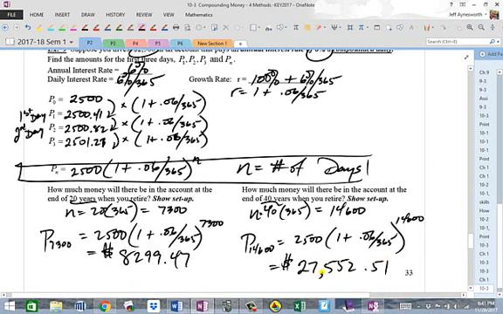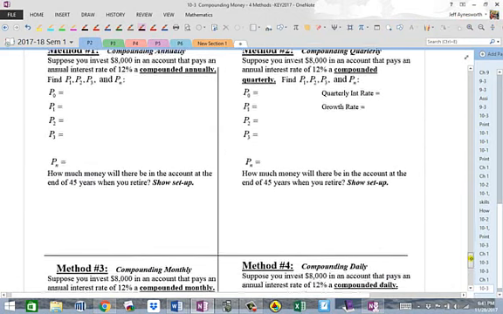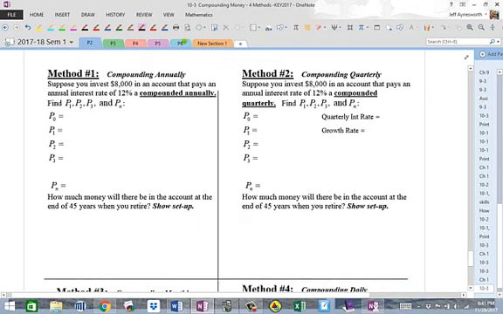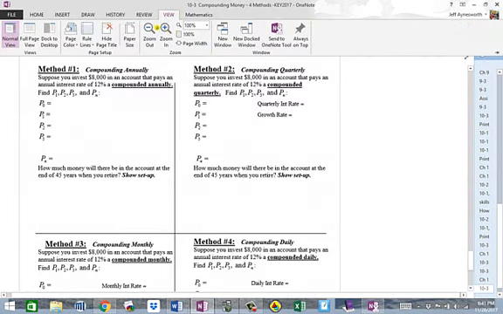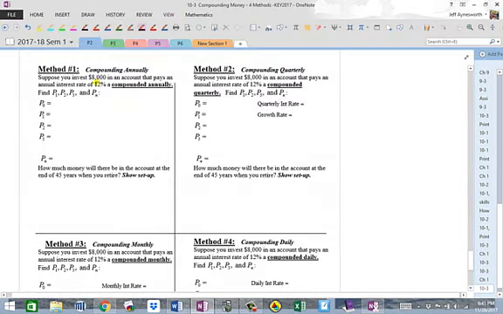So what you're going to do now is a full review over all 4 methods. As you can tell here, it's the same amount you're investing, 8,000 in all 4 cases. Your annual interest rate is 12% in all 4 cases.